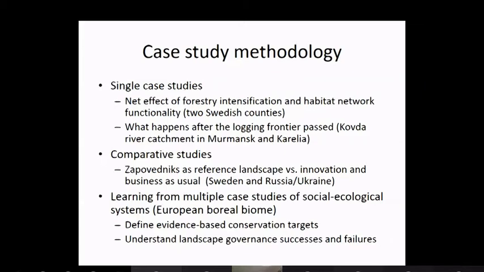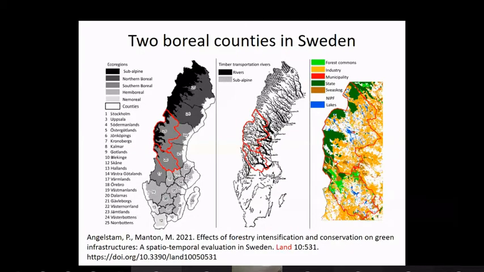So the first study focuses on two counties in Sweden, Jämtland and Dalarna. The size of these two counties is almost exactly the size of Lithuania. And it's an interesting part of Sweden, because in the middle pictures you see a lot of rivers.